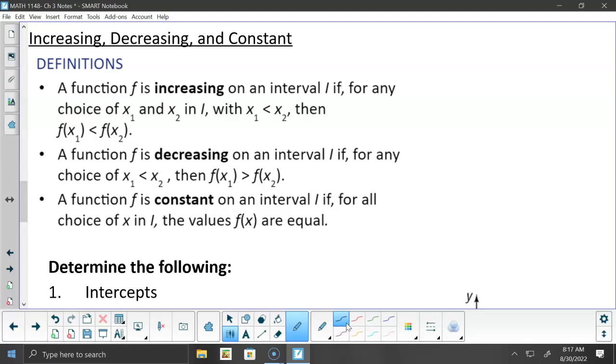A function f is increasing on the interval I if, for any choice of x1 and x2 in I, x1 less than x2 implies f of x1 is less than f of x2. That's kind of ridiculous, isn't it? So basically, if you have to explain it like you're 5, how could you rewrite that to make it easier to understand?